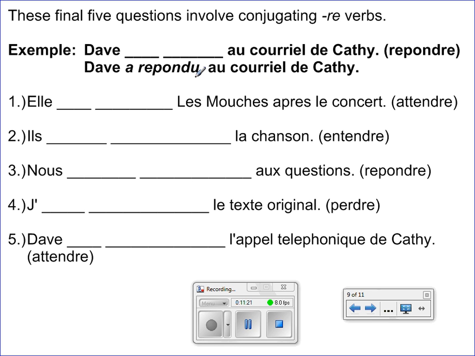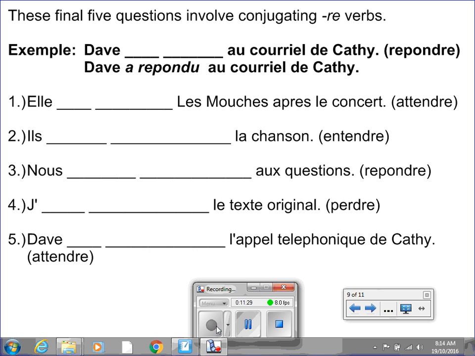So I'm going to do number quatre for you. Okay, we have je, double blank, le texte original. And perdre is a verb. Okay, perdre means to lose. So I want to change a sentence from I lose the original text to I have lost the original text.